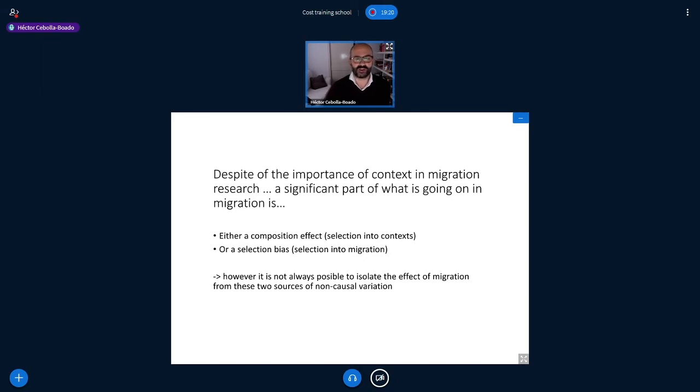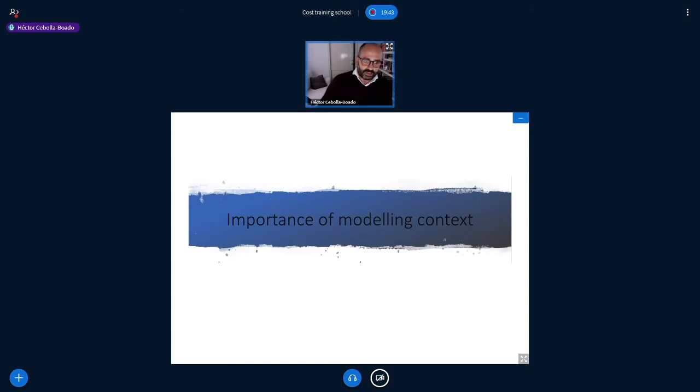No? So it's not always easy to get rid of this kind of annoying variation that may lead us to make stronger statements than we should ideally do. So this brings me to the importance of modeling context.